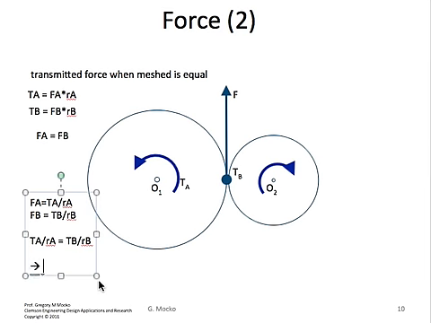And that ultimately results in TA divided by TB is equal to RA divided by RB. So the torque of cylinder A divided by the torque of cylinder B is proportional to the ratio of radius A to radius B.